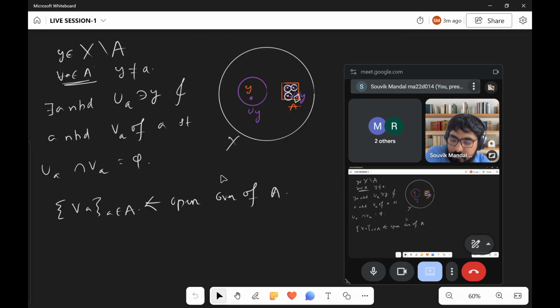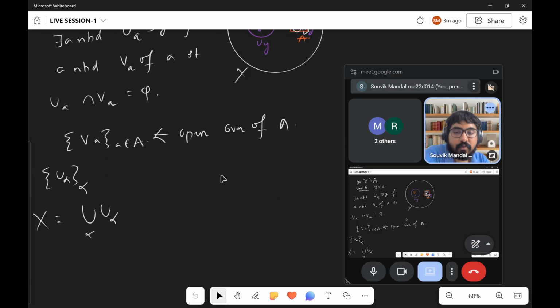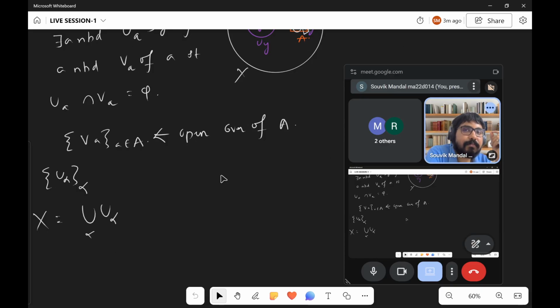Open cover of a space is a collection of open sets which covers whole of X. That means we have some U alpha such that X equals the union of U alpha. So this covers whole of X, and this U alpha is called an open cover. Okay, sir.